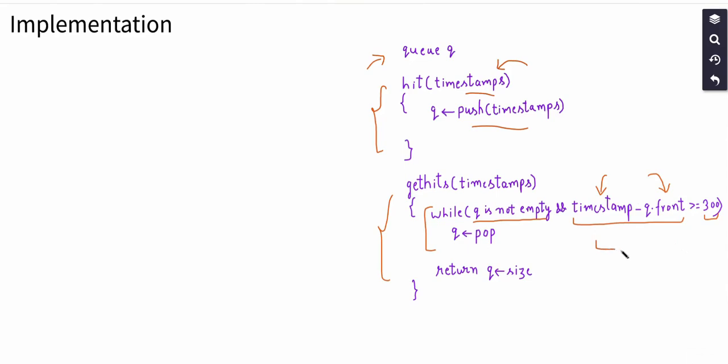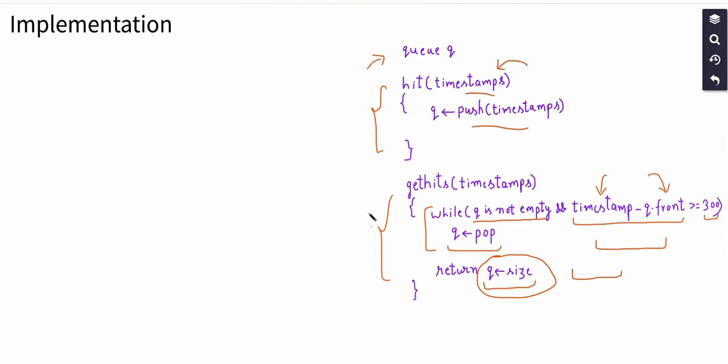That way we are counting the number of hits in the last 300 seconds or timestamps, and we are popping the extra elements from the queue. Finally, we return the size of the queue, which represents the number of hits performed in the last 300 seconds or 5 minutes.